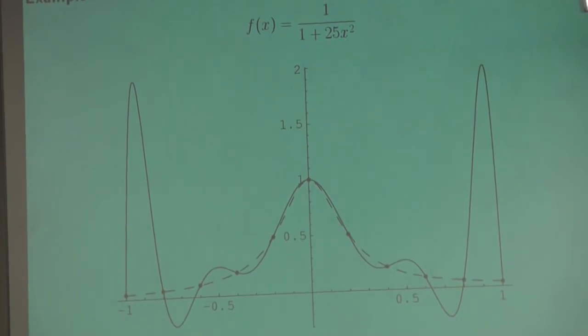To me, this function would look even simpler than the sine. The sine has infinitely many oscillations. This function only has one little hill in the middle, and otherwise it's kind of boring. But it's obviously not well suited for fitting a polynomial.